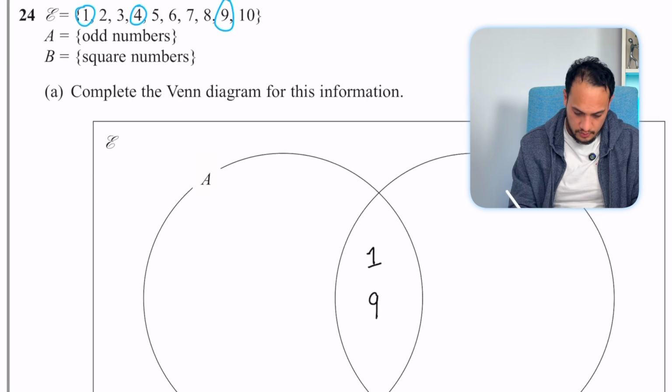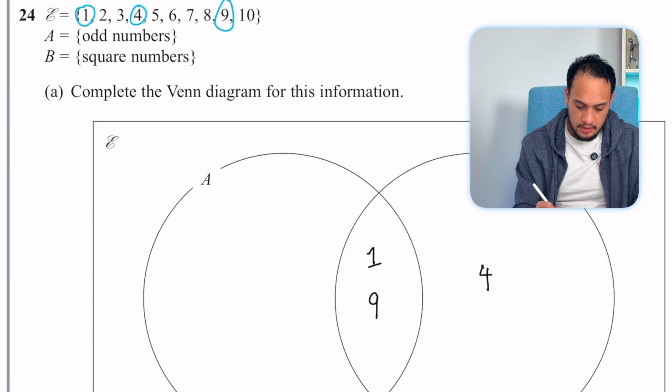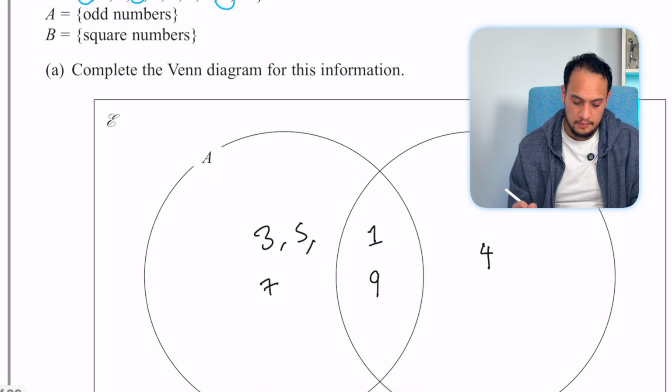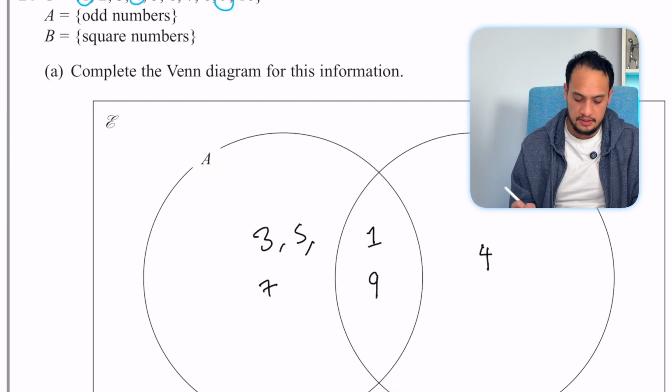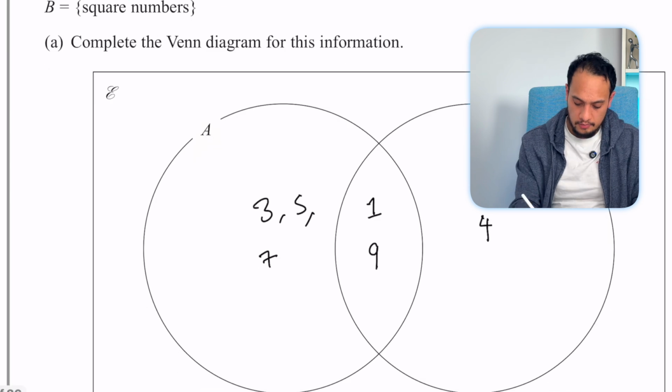You've got 4, which is an even number, so it's not an odd number. So that's distinctly in B. And then we've got odd numbers generally. So you've got 3, 5, 7. And then the rest of them are neither odd nor square. So we need to place them outside. So we're just going to do that.